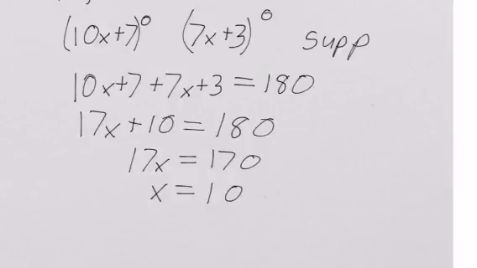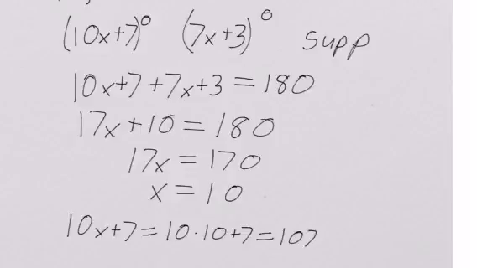Now a big caution here is that you cannot just stop here and say the answer is x equals 10. That's not what the question was asking for. The question asked for what the angles are. So I can do 10x plus 7 is equal to 10 times 10 plus 7. So that's 107.